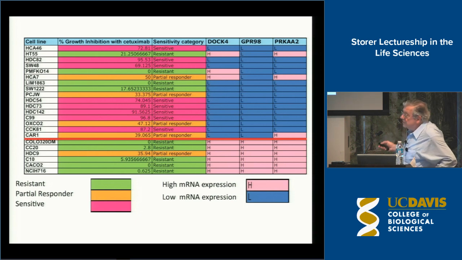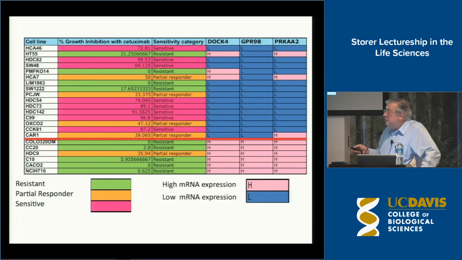And there were 3 genes that were at the top of the list in terms of level of expression. So low level is in blue, high level is in pink, and you just look down here and you can see that the ones that are high level of expression for all these 3 genes are all resistant or partial responders, suggesting that that is a property that should indicate amongst the multiple wild-type ones which ones are likely to respond to cetuximab or not.